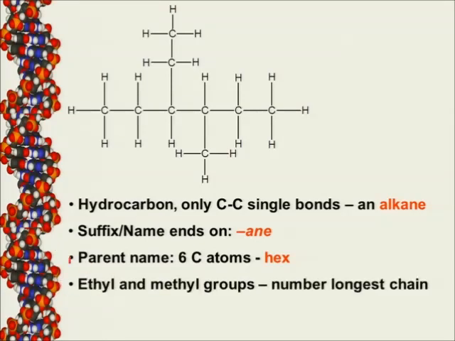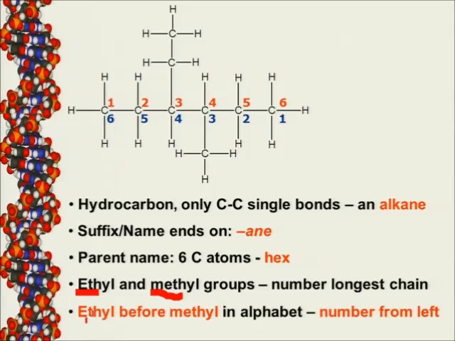And then we've got the substituent of ethyl and another substituent of methyl. All right? And then we number our carbons, number 1, 2, 3, 4, 5, 6. And we also do another numbering, 1, 2, 3, 4, 5, 6.